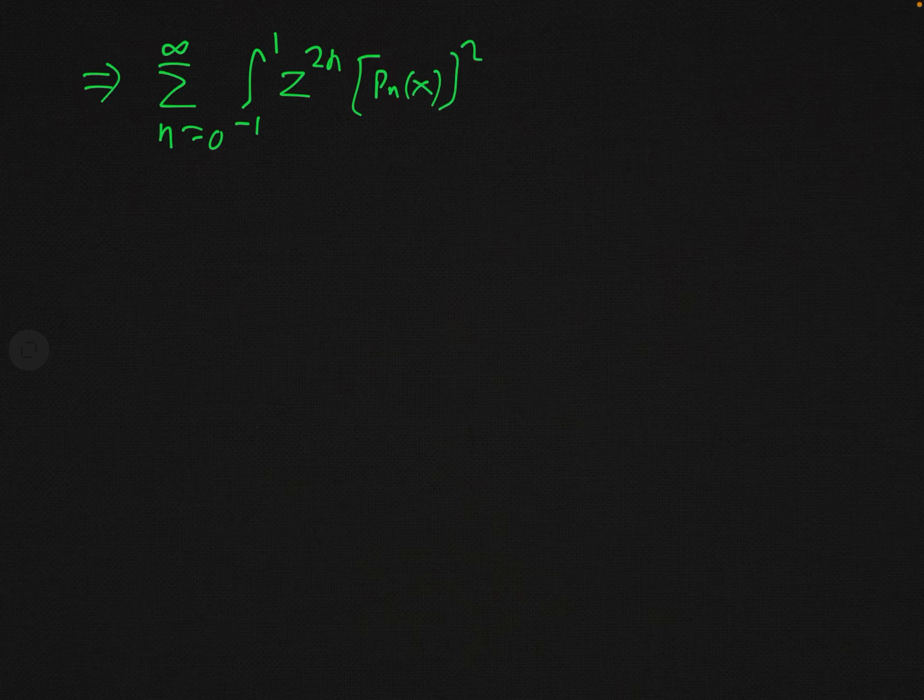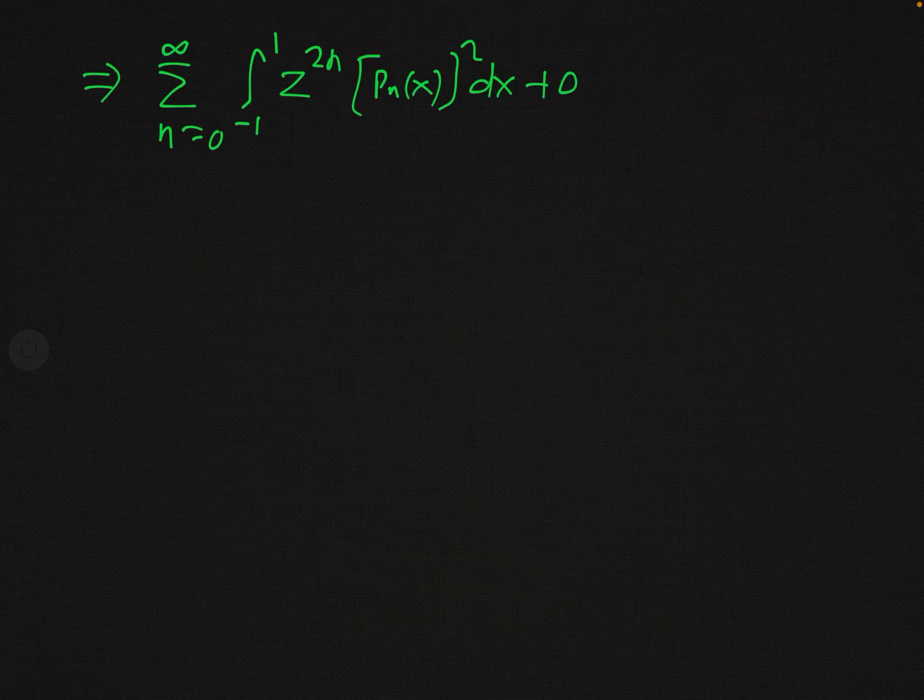So you can say this is simply summation n from 0 to infinity, integral from -1 to +1 of z to the power 2n and Pn of x whole square dx, plus 0, because in accordance with the first part of this theorem, when m is not equal to n, the integral of Pm of x into Pn of x from -1 to +1 vanishes. So that term becomes 0.